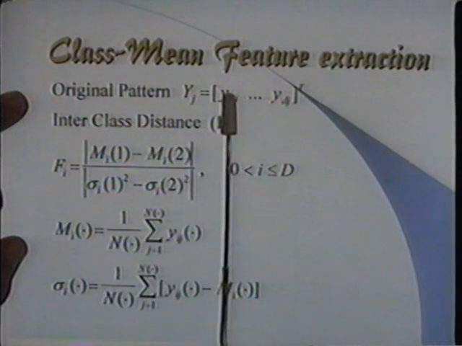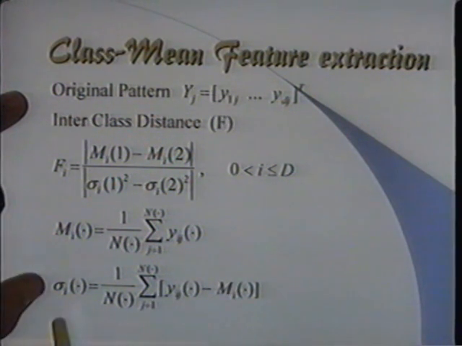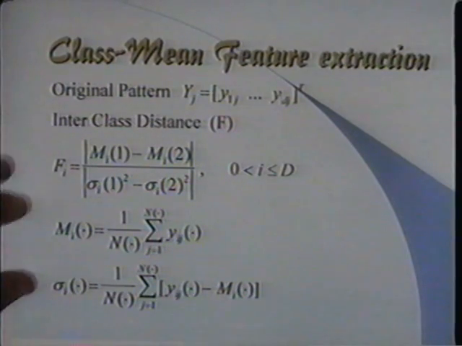If you're talking about that voltage, it is the average of that voltage for all the data, so you have to go vertically. And this is the deviation equation, and that's the way you do it. So you look at F, and then you pick the variables that provide you with a large value of F. And F actually should be larger than the distance between the two centroids of the two classes. The centroid in this case is denoted by M.